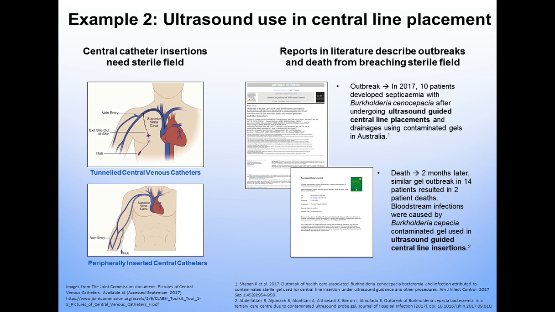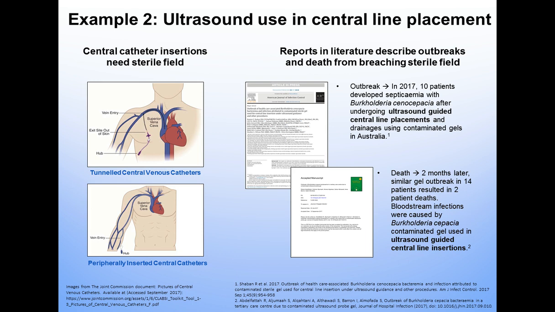And it turned out that the gel that was being used, and this gel was part of a central line bundle, was actually contaminated with organisms. It was supposed to be sterile, but it was contaminated. And so, like I said, 10 patients ended up developing bloodstream infections, which is obviously a very serious outcome.